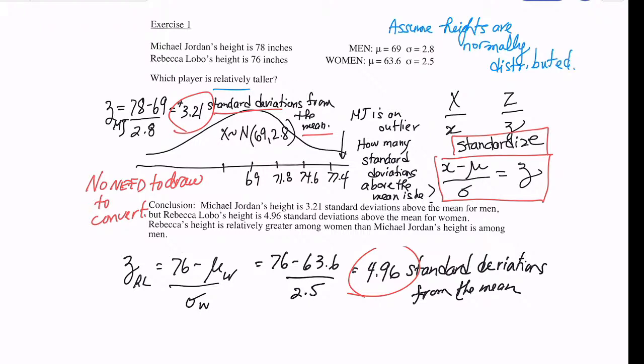You could sketch this, but it's more efficient to compare the standard deviations from the mean. So any questions asking you to compare distributions that are normal and different, you would standardize. Or to use the normal distribution to solve problems using the standard normal table. So that's what we're going to do next.